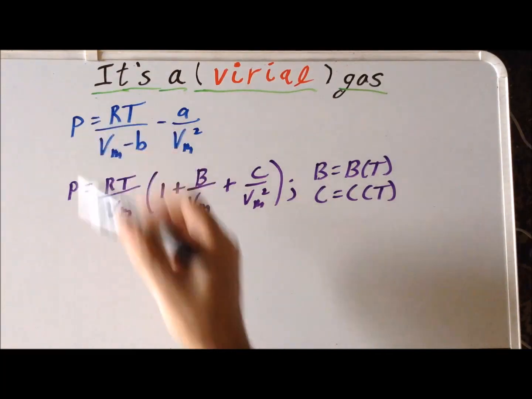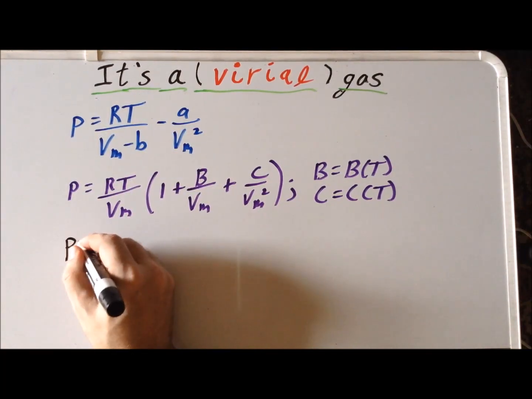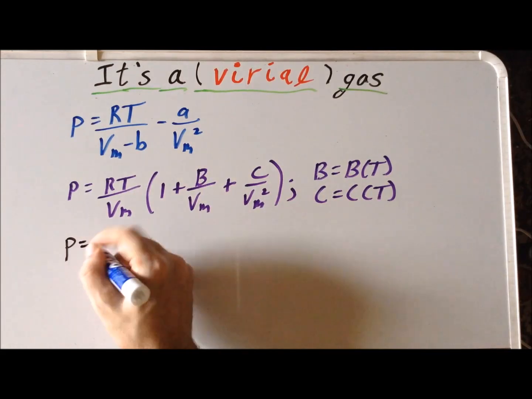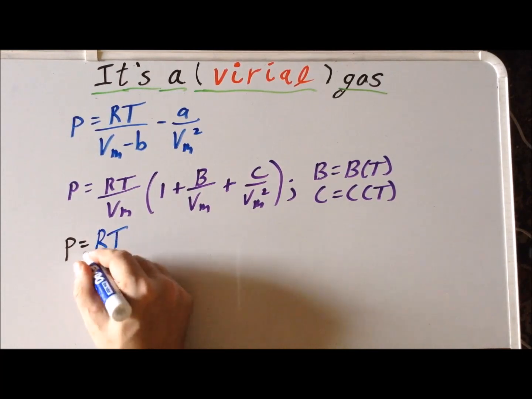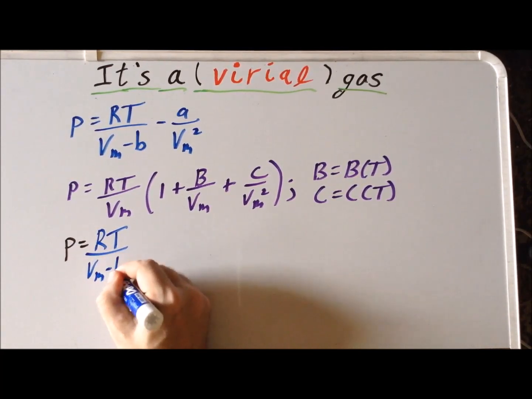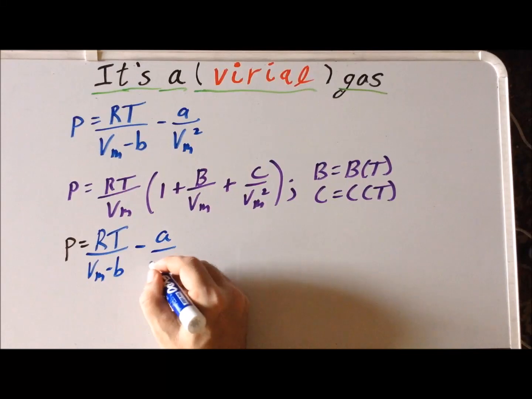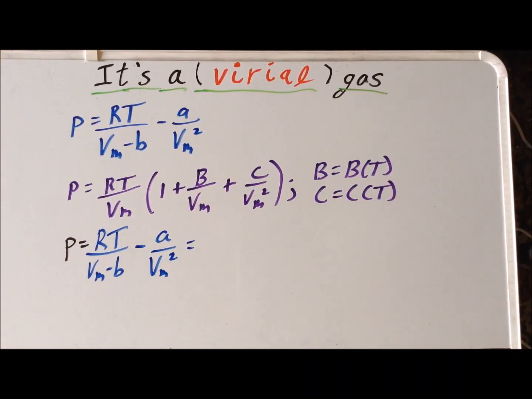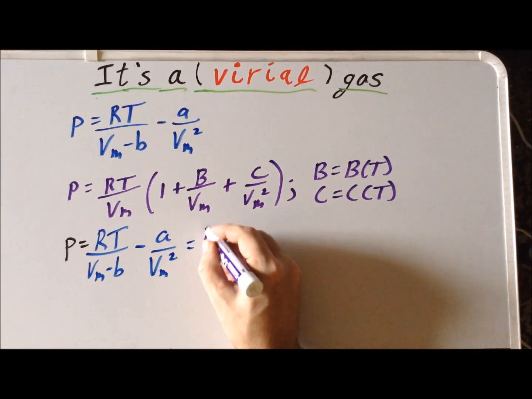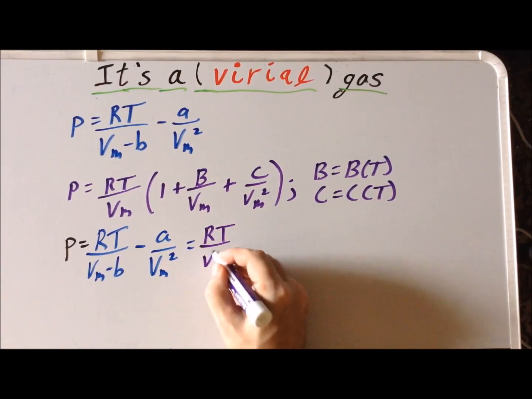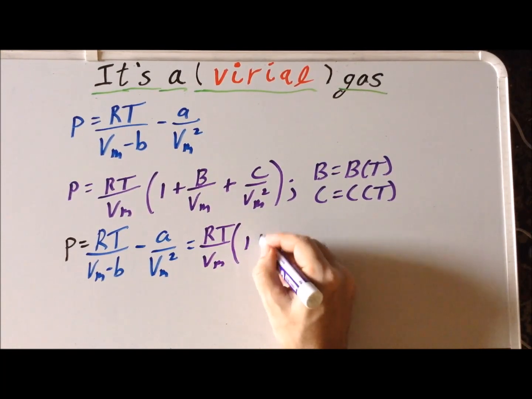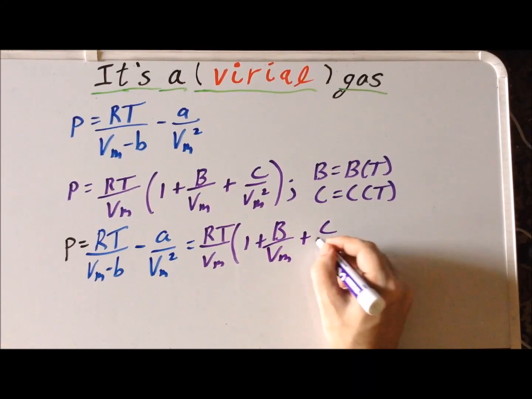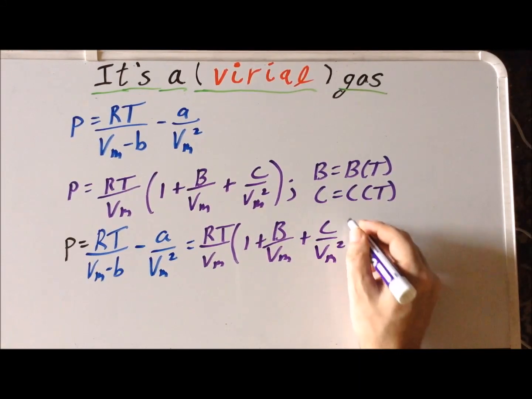Now we set the two expressions for the pressure equal to each other. So, RT divided by the molar volume minus little b, minus little a divided by the molar volume squared, is equal to RT divided by the molar volume times 1 plus B divided by the molar volume plus C divided by the molar volume squared.